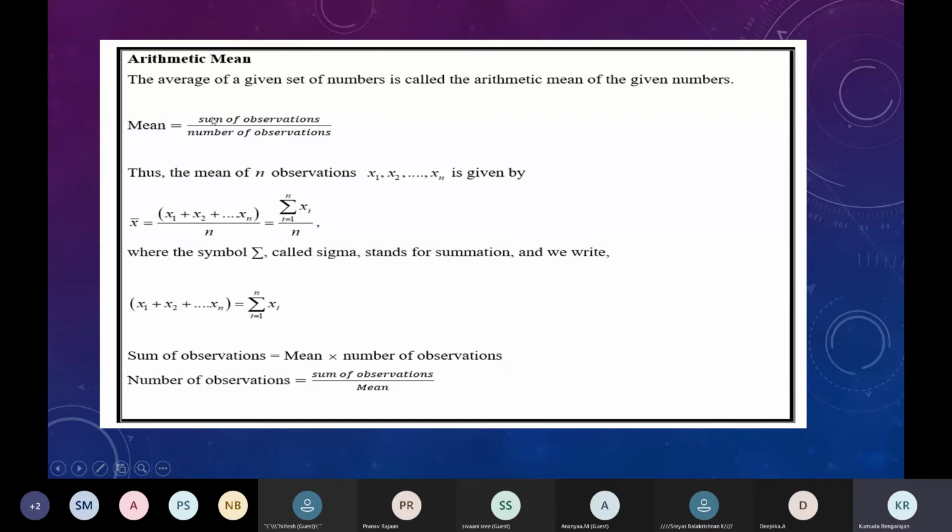Now going back to this formula, if mean is sum of all the observations by the number of observations, what is the sum of all the observations? Cross multiply. The sum of all the observations will be mean into number of observations.